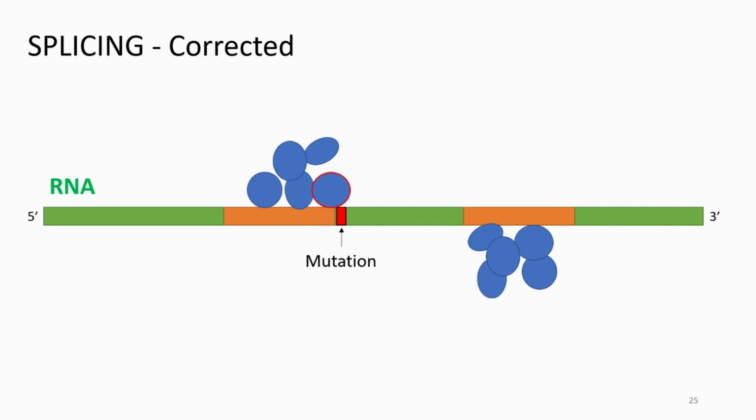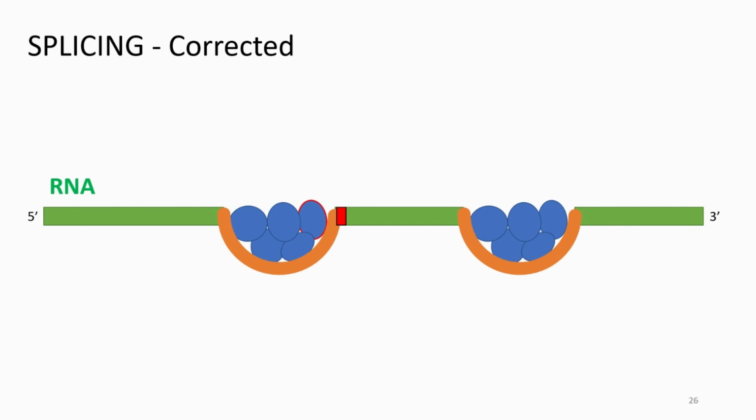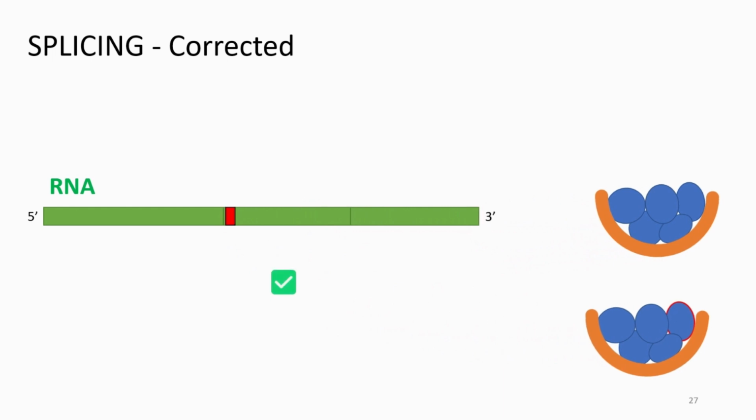So this time we modify the RRMs, and it's able again to recognize the proper sequence to then cut out these regions that we don't need, and so restoring the proper RNA that can then result again in the correct production of the active protein. So in principle, allowing the cell to produce the healthy protein, and so trying to cure this disease.